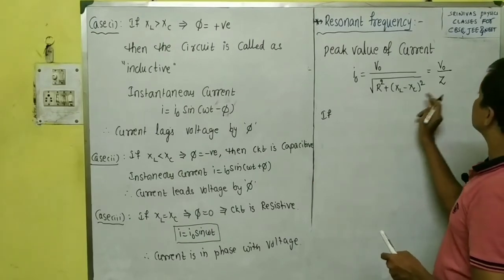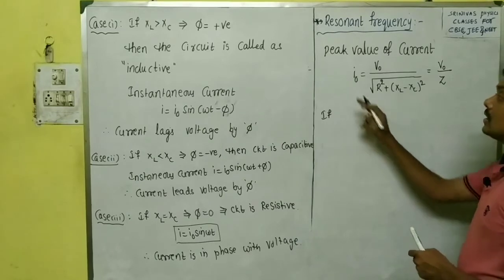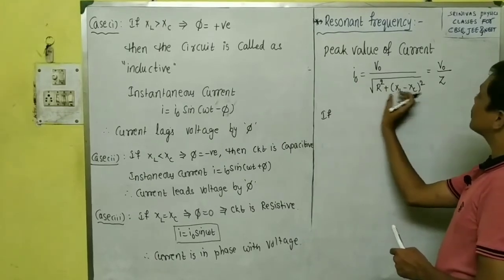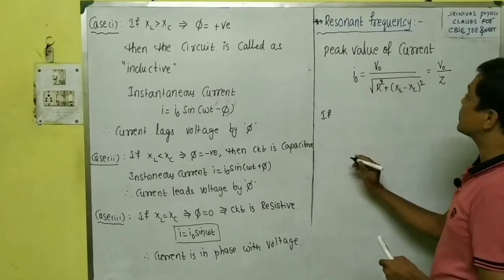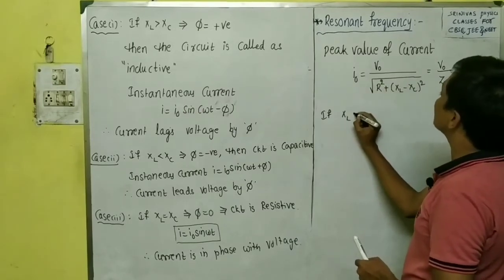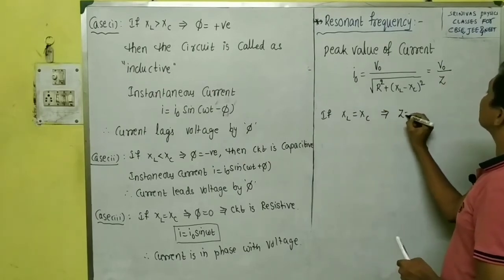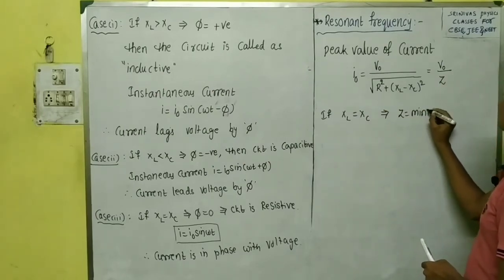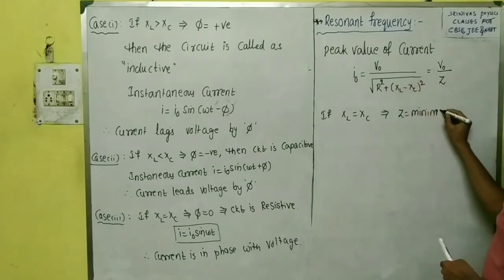When will Z be minimum? If XL is equal to XC, then this term will become 0, so the total term decreases and the current increases. That means if XL is equal to XC, then impedance becomes minimum, because this term becomes 0.